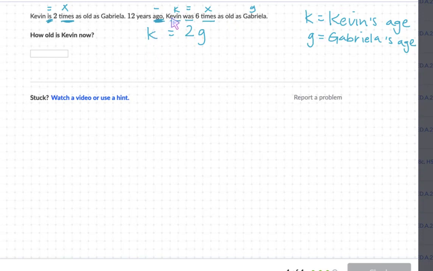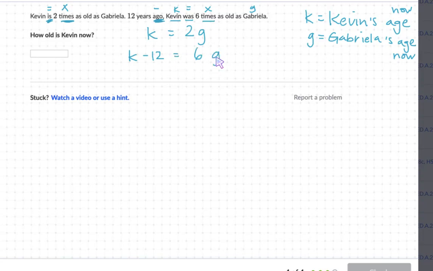Okay, so 12 years ago, Kevin would be K minus 12 because he was 12 years younger than what he is right now. This is their now ages, in the present. So 12 years ago, K minus 12, Kevin was equal to 6 times as old as Gabriella.